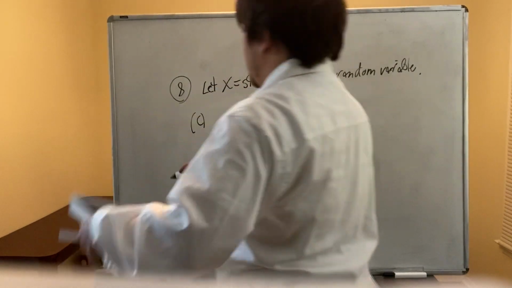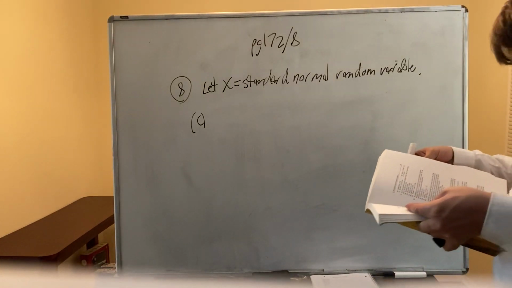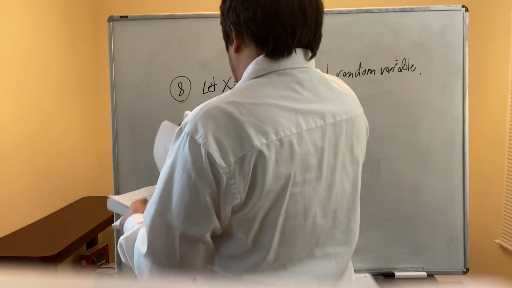Okay, so part C, number 8. The probability that X is between 1.5 and 2.14.